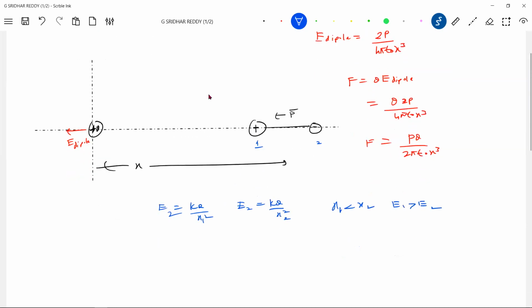Okay, there's a very fundamental problem, so that's why I'm trying to explain using both methods. You can see clearly here now. So this will experience a force F1, this will be F2. Since F1 is greater than F2, the net force on the dipole will be like this. Will it be attractive or repulsive? That one will be repulsive in nature.